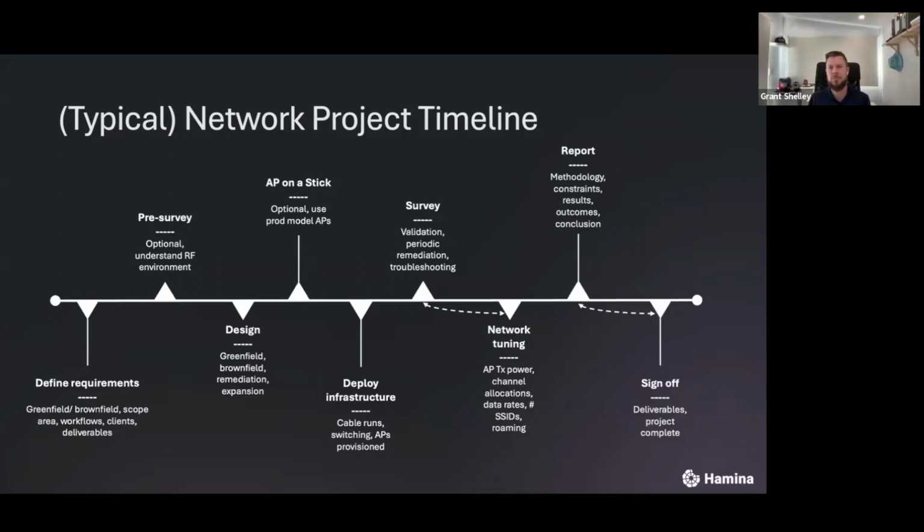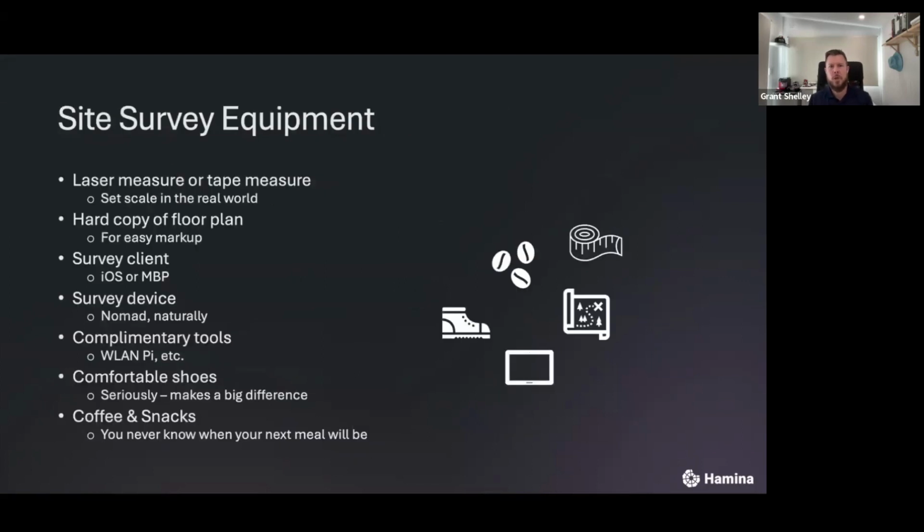Yeah, absolutely. All right. So equipment that we need, and look, this is going to be a bit more open depending on who's doing the survey. But laser measure or a tape measure, so you can actually scale the floor plan in the real world.